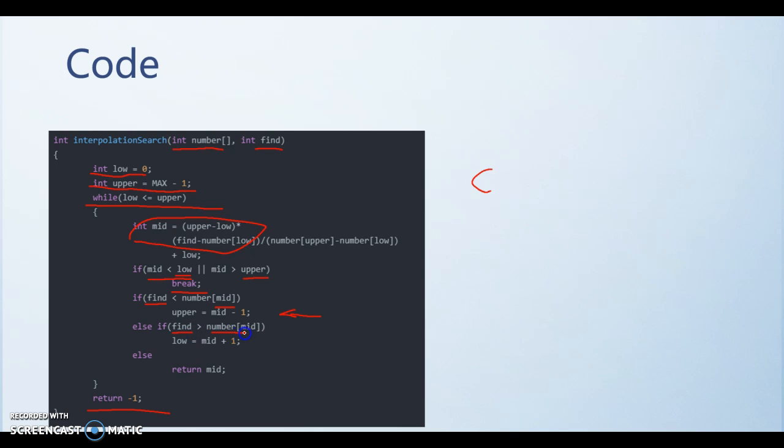When the find is bigger than the middle, we move up the low, so low is equal to mid + 1. We just use this direction to find what we want, and then if the find is equal to the number at mid, we return mid, and that is the index. That is what we want. So this is the basic logic of interpolation search in the C programming language.